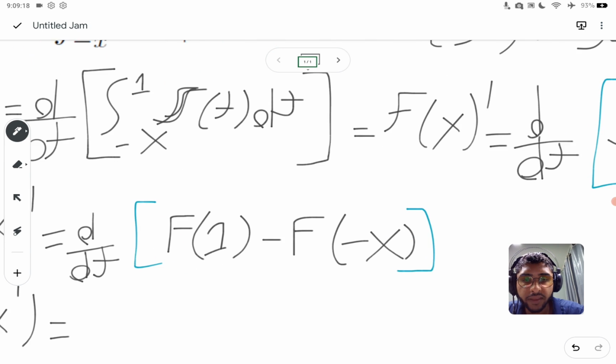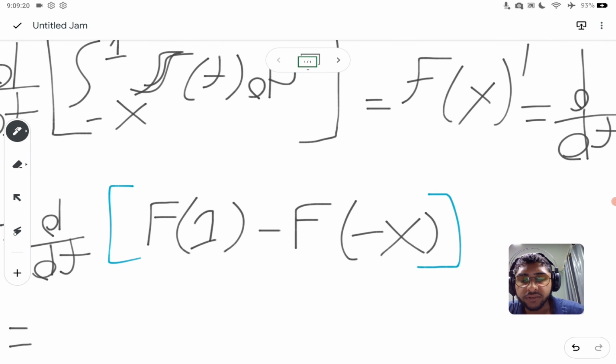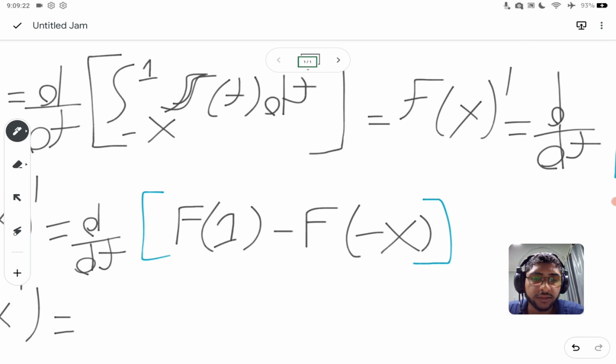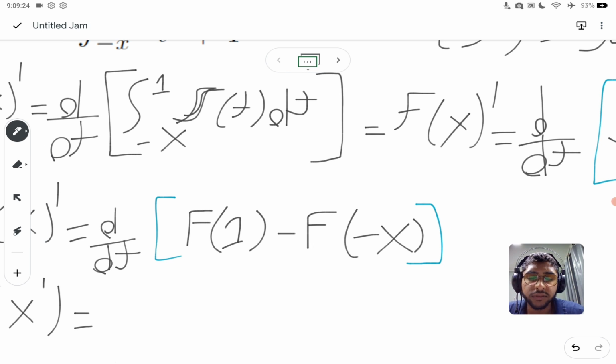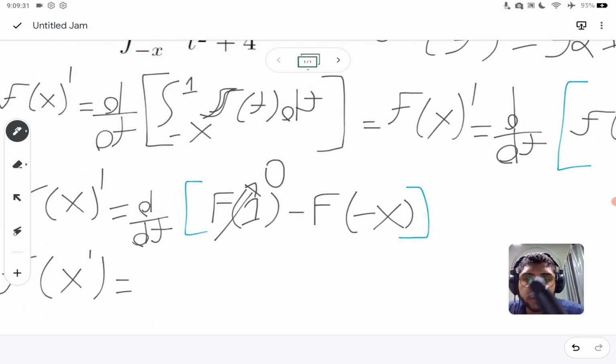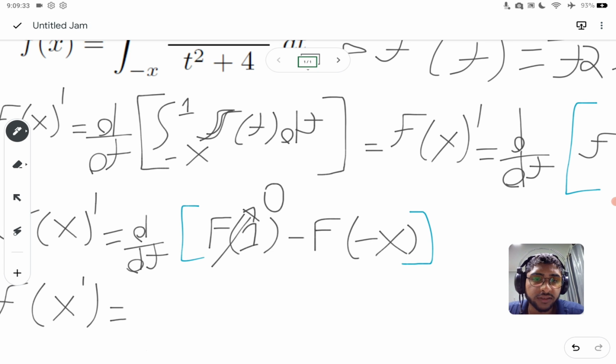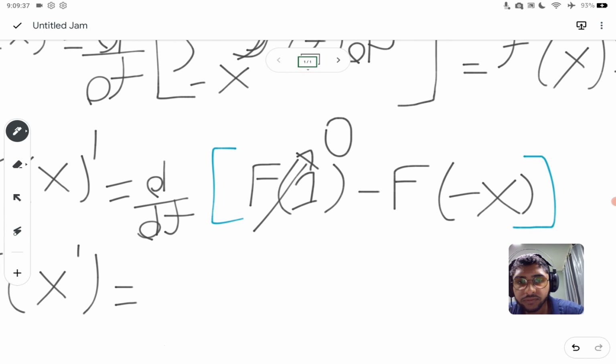And let's evaluate the function F(1). We get in with the 1, it will be 0. We can cut it. And what we will have now is minus F of minus x. Then let's put it here, minus F(minus x).